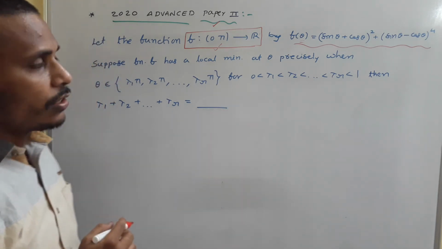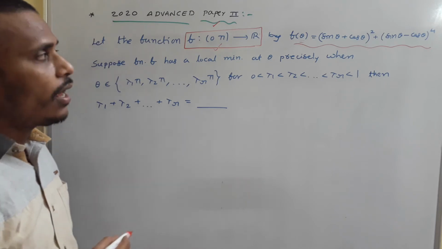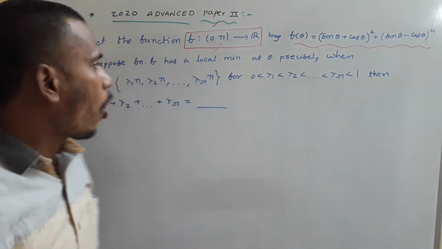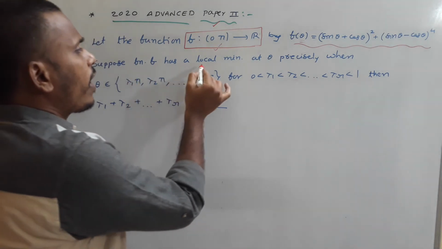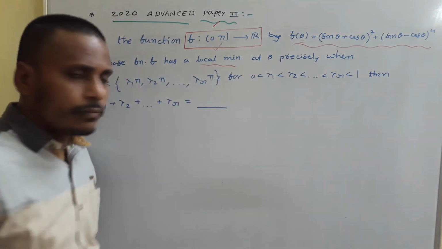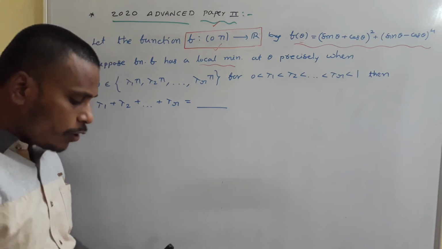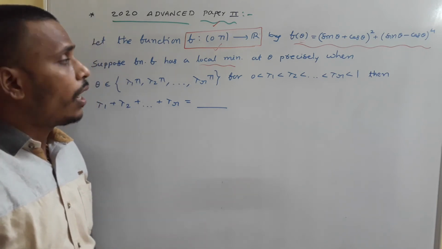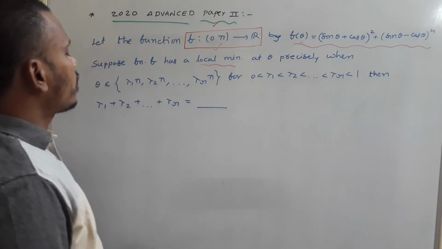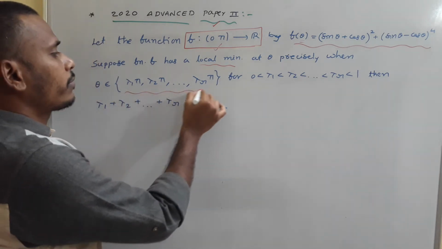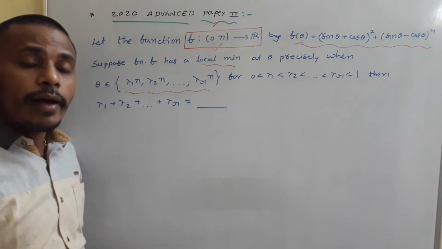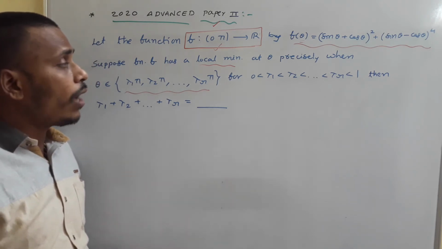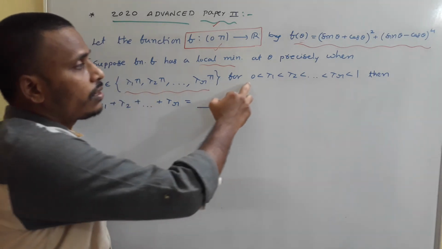So for this function, which is in terms of theta, the input of the function is from 0 to pi. Suppose function f has a local minima at theta. We need to find the values of theta at which the given function has local minima. This is the set of possible values of theta at which the function has local minima, and we need to arrange all these numbers in such an order.